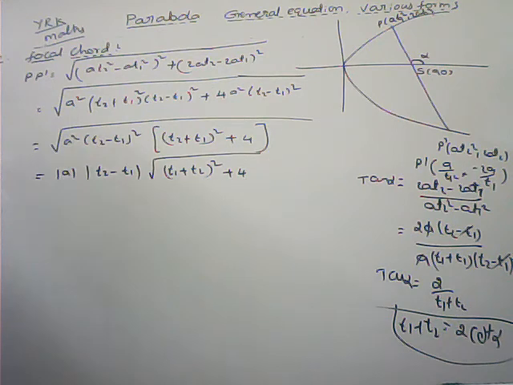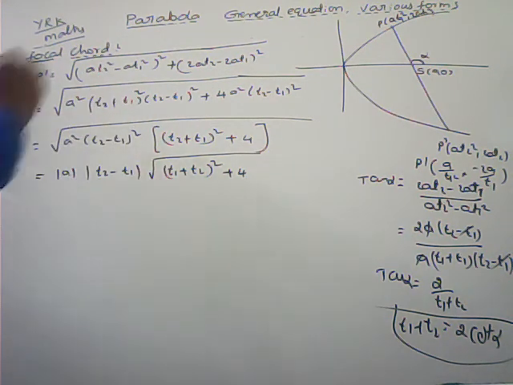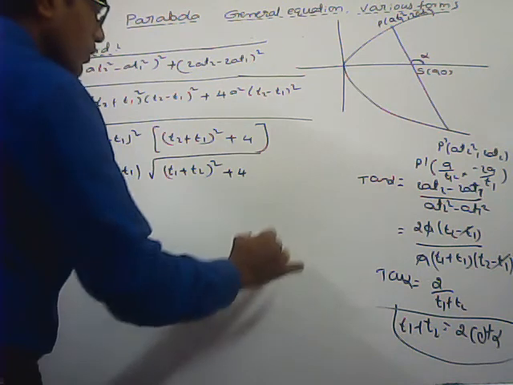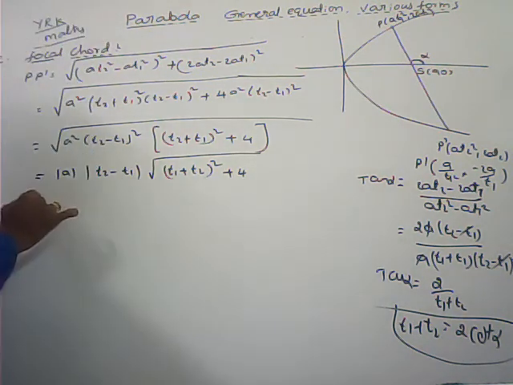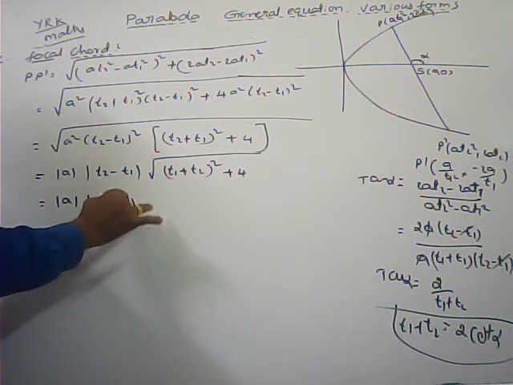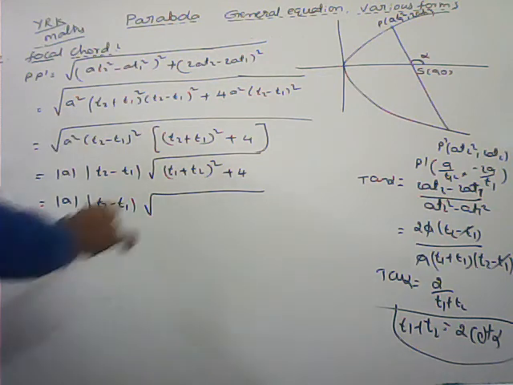Now here you can see, this is also the length of the focal chord, and if it makes some angle alpha with the positive direction of x-axis, so here we can write the length of the focal chord is equal to modulus of a, modulus of t2 minus t1, square root of (t1 plus t2) whole square plus 4.